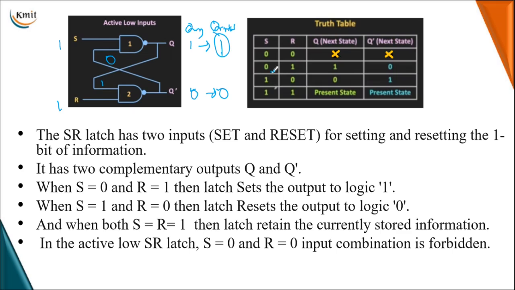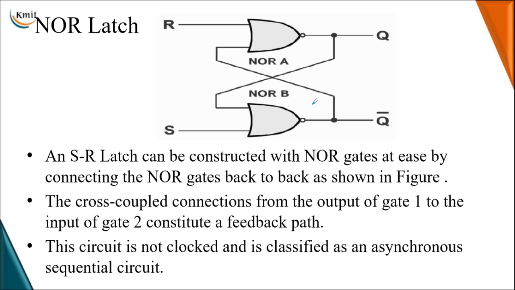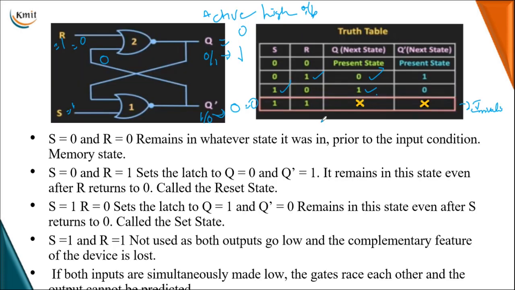A low level on the S input can set your flip-flop and a low voltage level on reset can reset it. So NAND latches are known as active low input latches, whereas the SR latch with NOR gates is known as active high input.